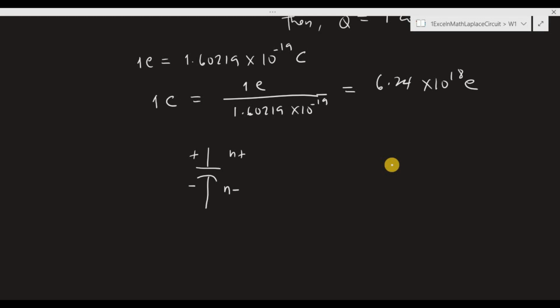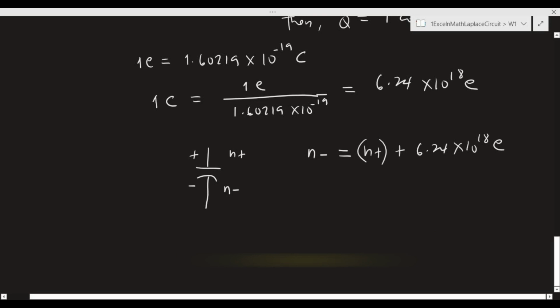Then, in order for the capacitor to have a charge of 1 coulomb, the following relationship must be true: n minus is equal to n plus plus 6.24 times 10 to the 18 electrons.